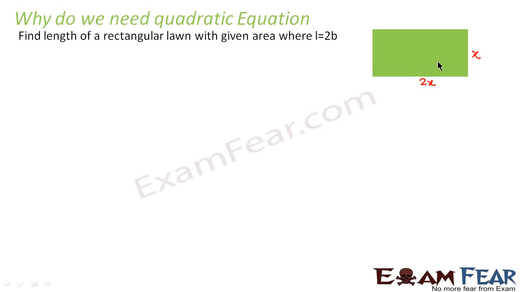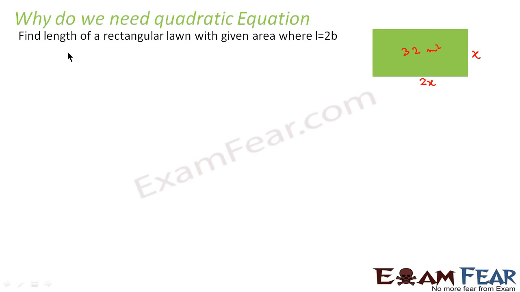Let's suppose the area is 32 meter square. And now you are asked to find the length and breadth. Very common scenario. How will you do? We can do using quadratic equation.